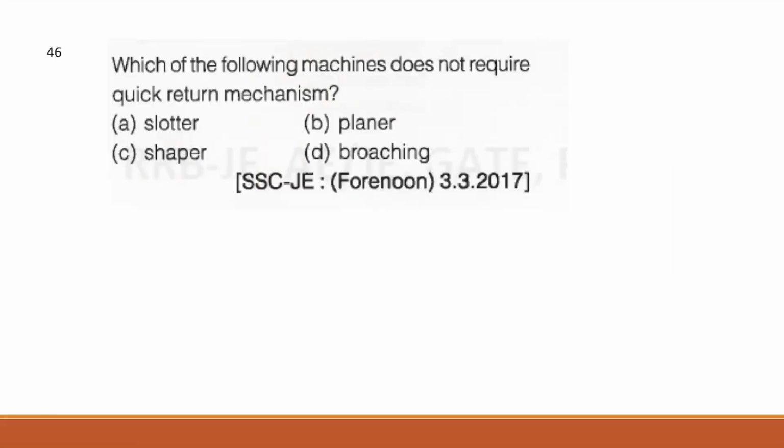Now the next question, 46. Which of the following machines does not require a quick return mechanism? The correct answer is broaching. As we have seen in broaching earlier, we have also seen this question. It's the same question. In broaching the material removal takes place in one stroke, which is a lot of material removal.